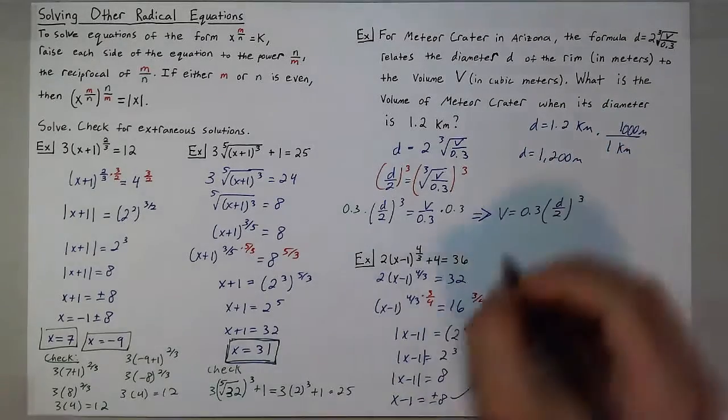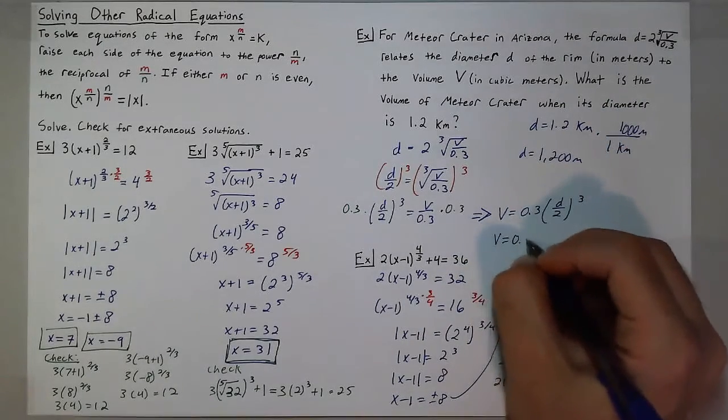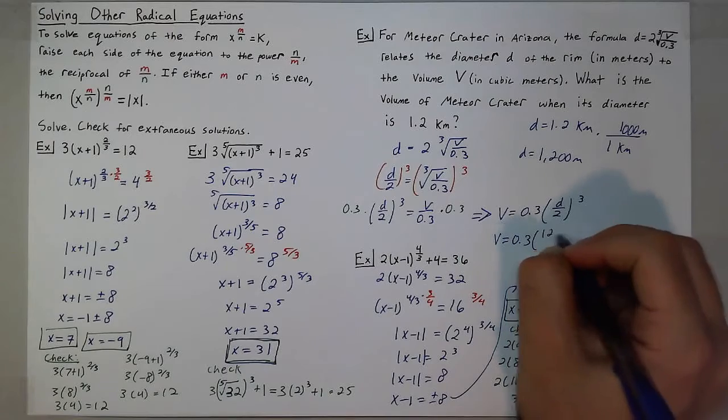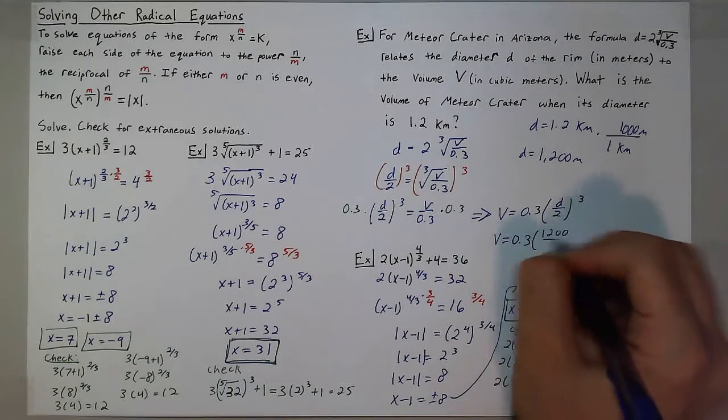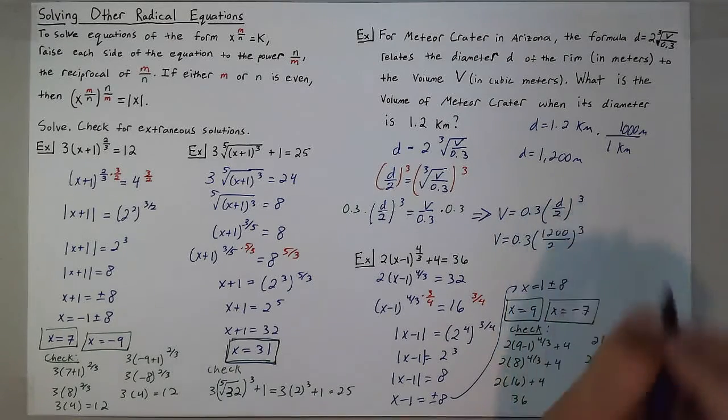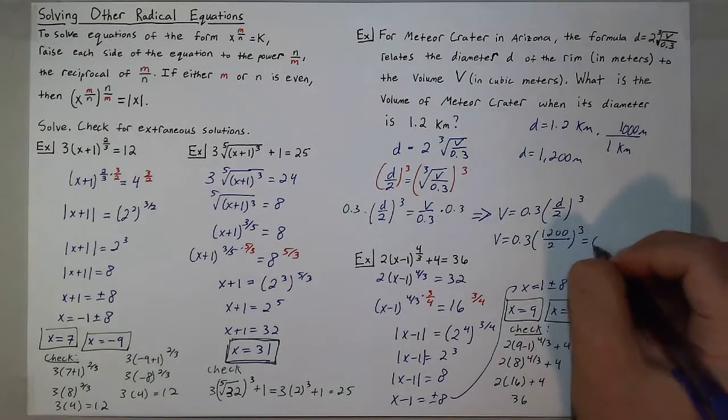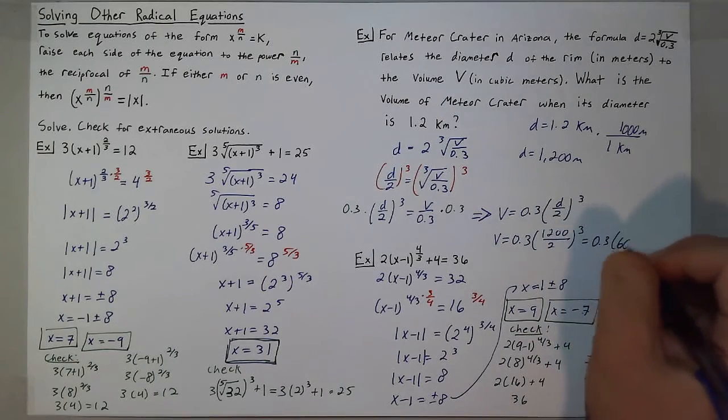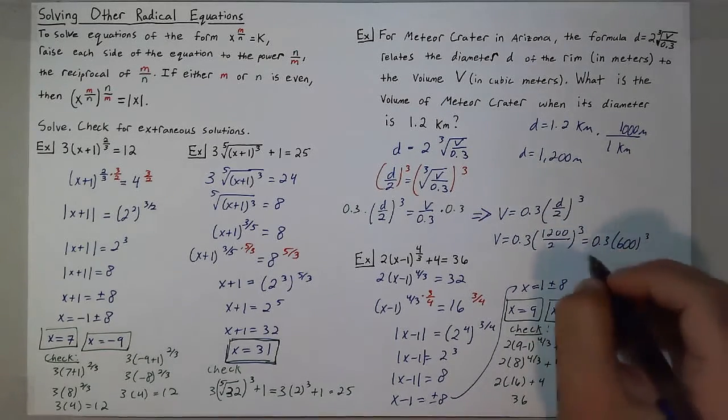So when I place that into my formula, I'll have 0.3 times 1,200 over 2 cubed, which is the same as 0.3 times 600 cubed.